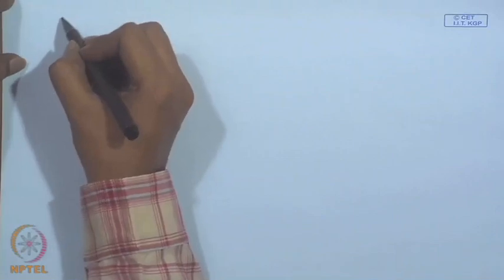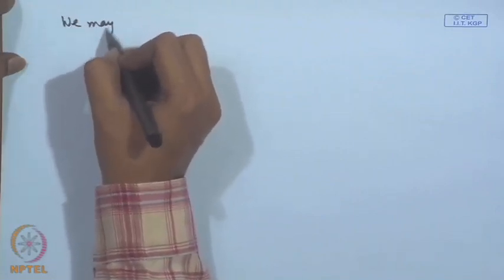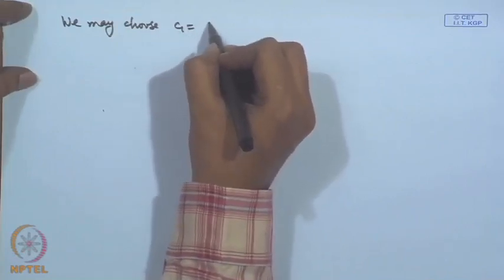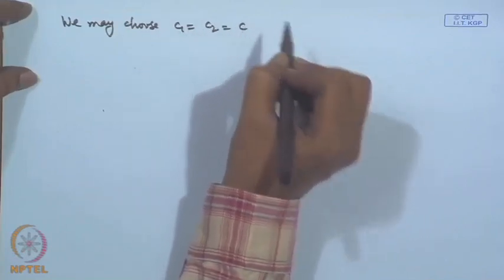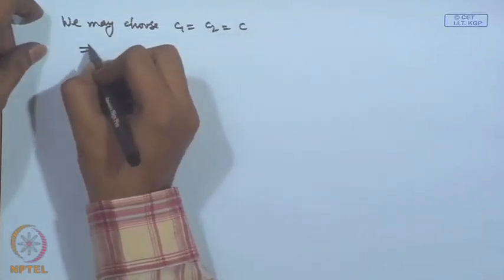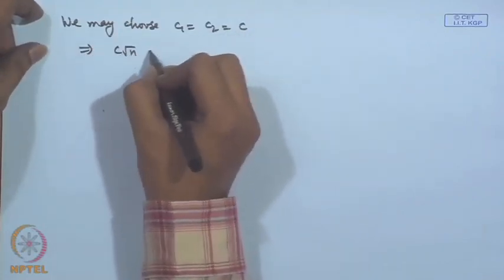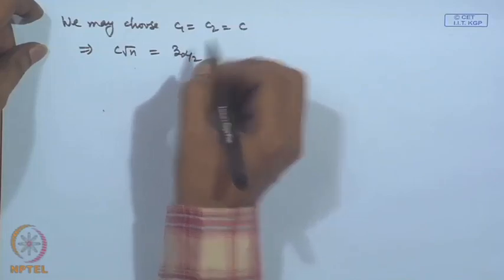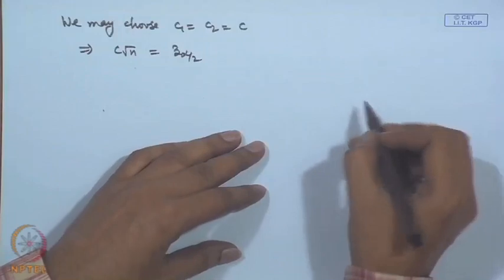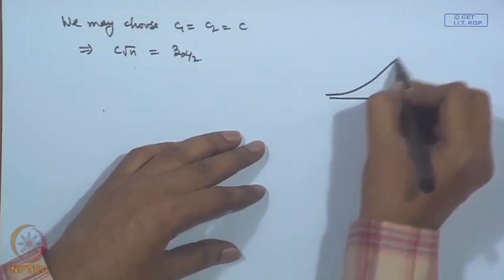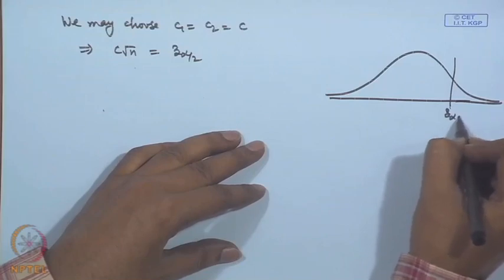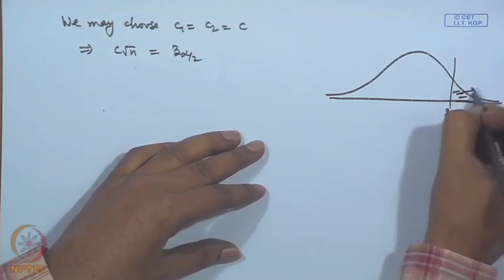So, we may choose say C 1 is equal to C 2 is equal to say C. Then this implies C root n should be equal to z alpha by 2, that is the point on the axis; this is z alpha by 2, that means this probability is alpha by 2.